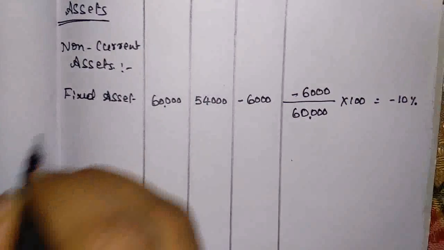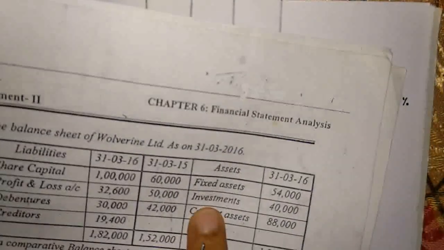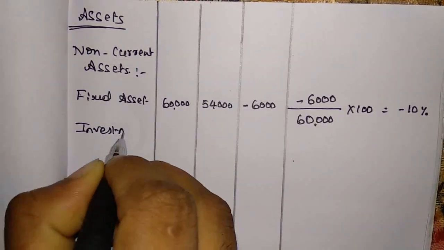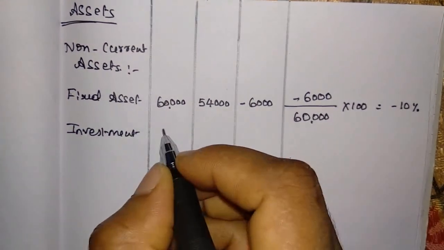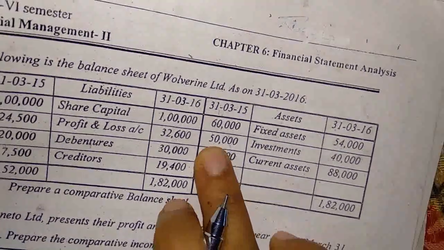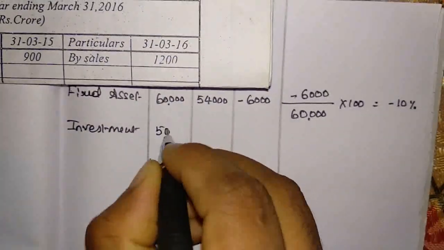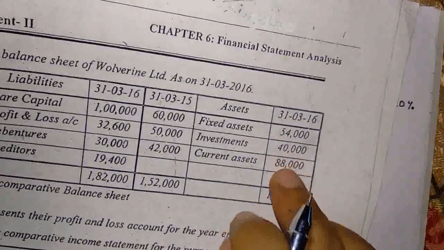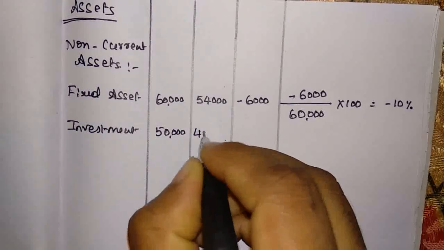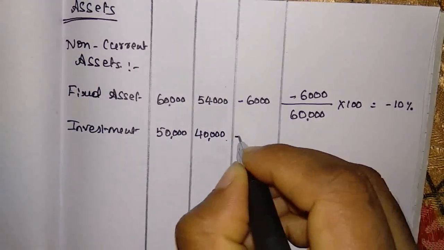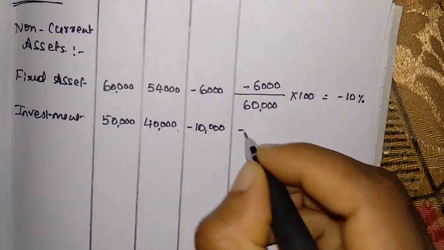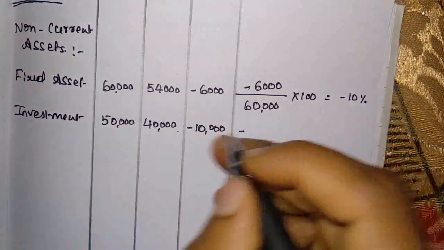And one more non-current asset is investment. Investment in the base year is 50,000 and investment also reduces, that is to 40,000, and the change is minus 10,000. 40,000 minus 50,000, minus 10,000.